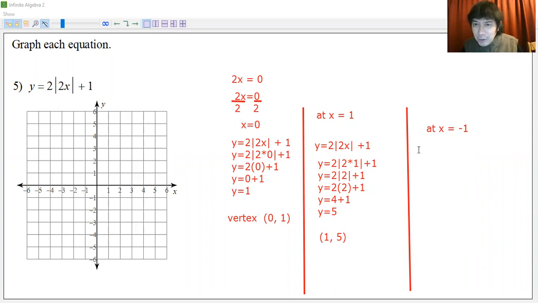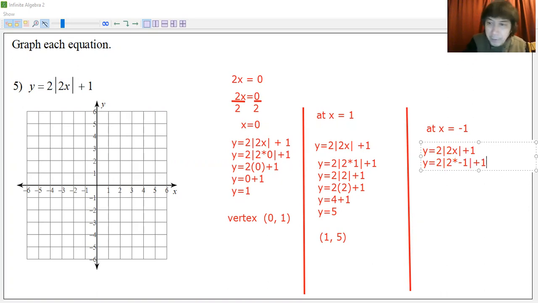Next, let's use negative 1. Y is equal to 2 times the absolute value of 2x plus 1. Let's write the equation first, and let's see if we will have a symmetry. This is 2 times negative 1 plus 1.